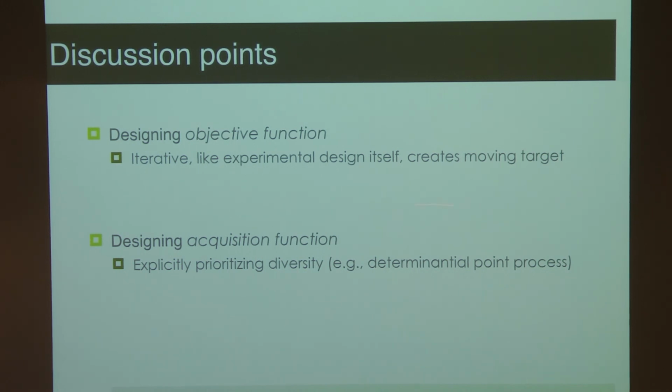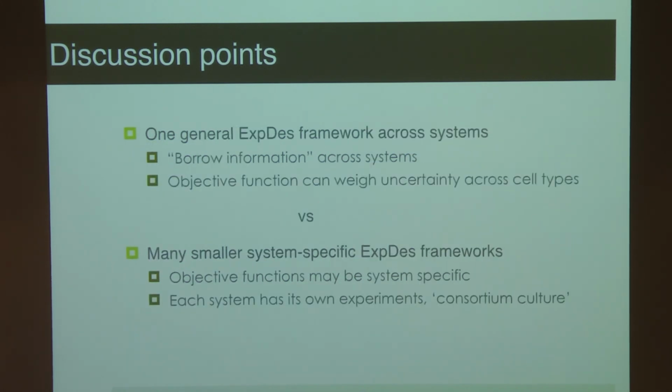I think designing this acquisition function is also going to be quite interesting, and in particular, I think explicit prioritization of diversity, we can do that with some types of repulsive functions, they're called repulsive processes in machine learning. But how to get that right, again, I think is going to be tricky and iterative.